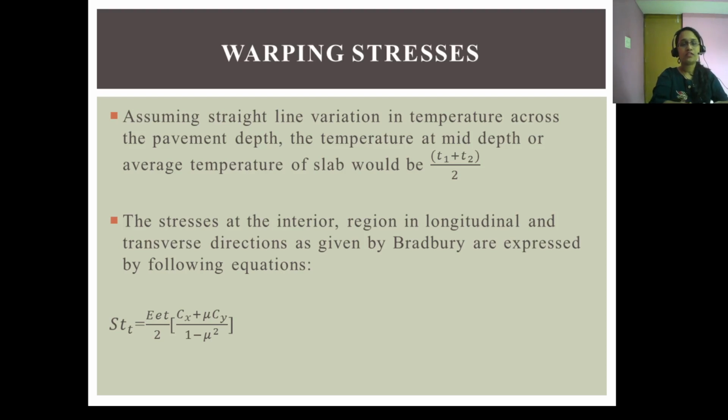Assuming a straight line variation in the temperature across the pavement depth, the temperature at the mid depth, or the average temperature of the slab, will be T1 plus T2 upon 2.